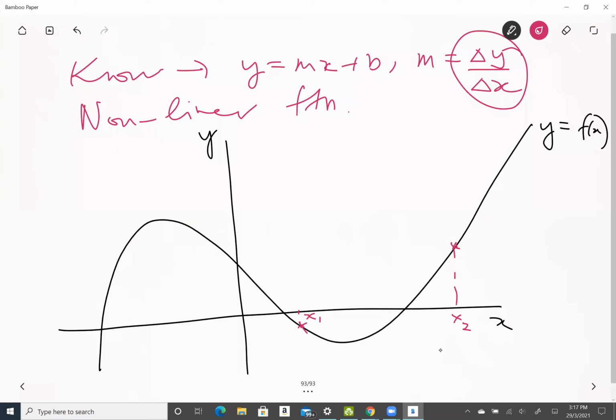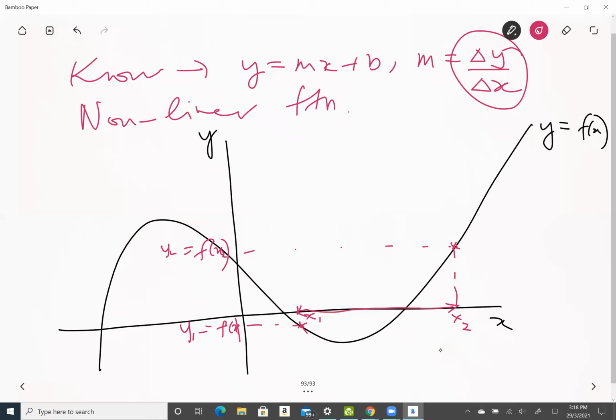At x1 you have f of x1 somewhere there, and f of x2 will be there. Now, what is the change in y, and what is the change in x? This is y2, that is y1. So if I use the slope m, the change in x is that.